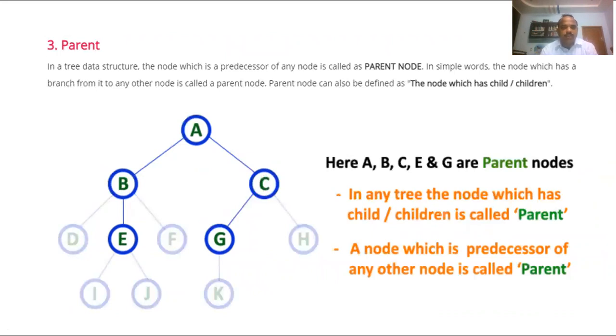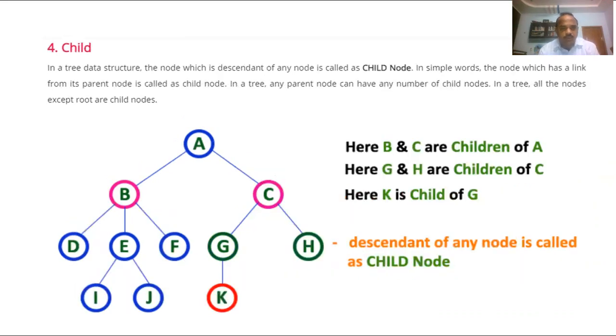Parent node, a node having child nodes, that is called a parent node. Then children. For example, A is the parent node, B and C are the children of A. D, E, F are the children of B.